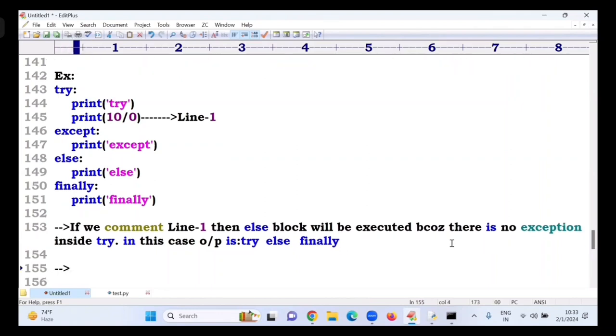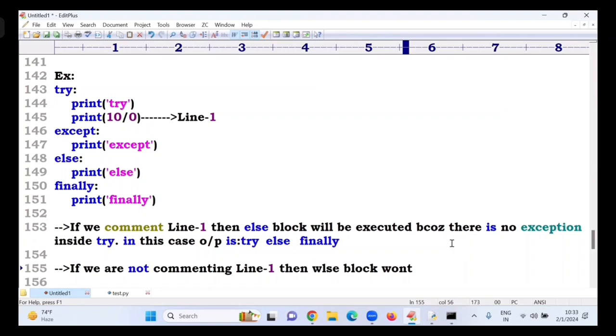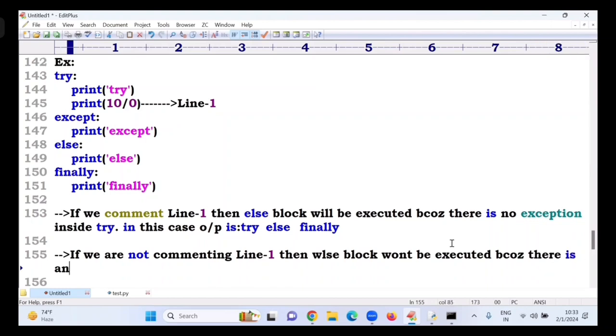Second case: if we are not commenting line 1, then the else block won't be executed because there is an exception inside the try block.